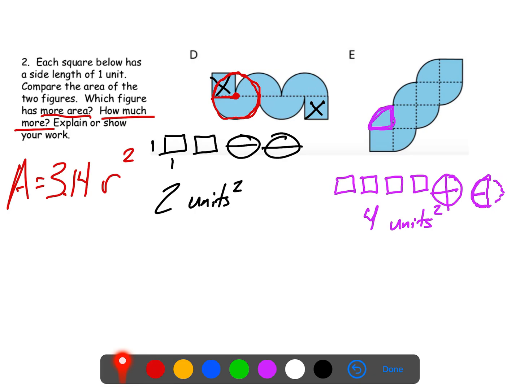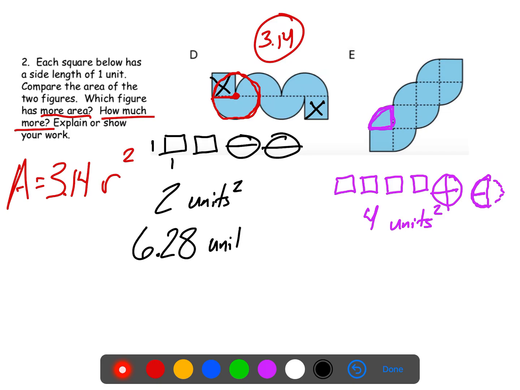So the area of a circle is 3.14 in this example. The circles are the same size in image E as well. So if we have two circles, we have two of these areas, and two 3.14s, or 2 times 3.14, is going to be 6.28 square units, and that's from the circles.